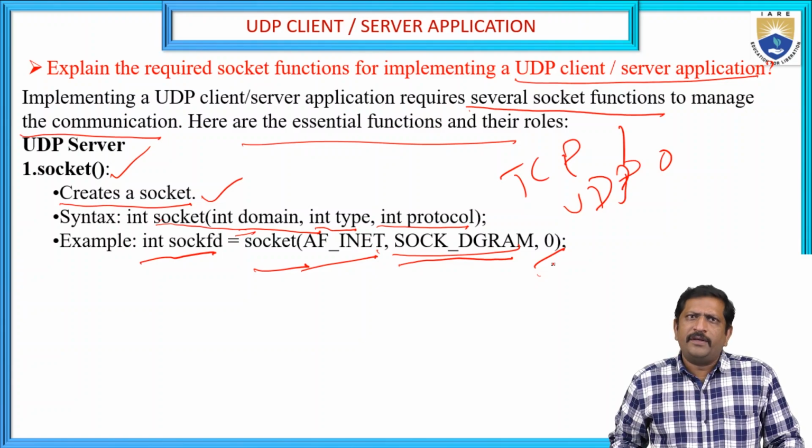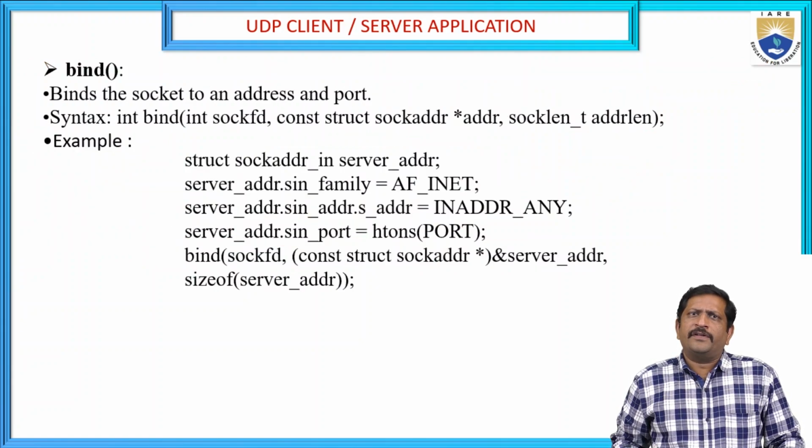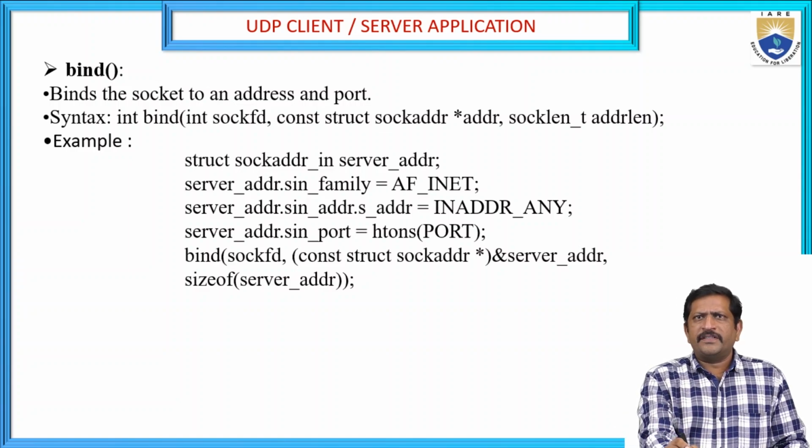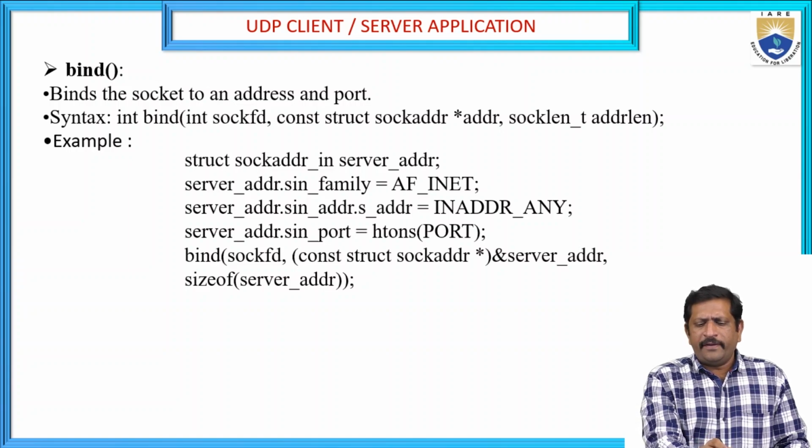So this is about the socket function, and then the bind function. Generally at the server side, the bind function binds the socket to an address and port number, which is used to identify the client. How does it identify the client?